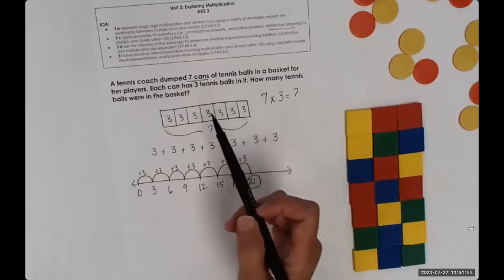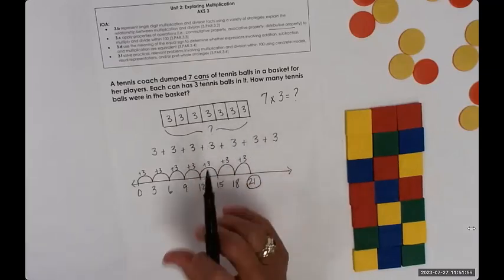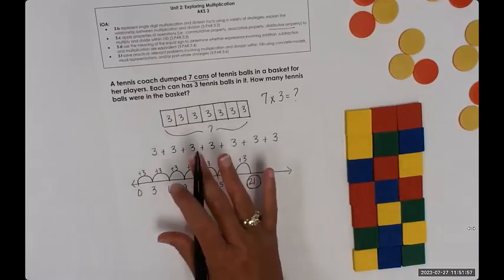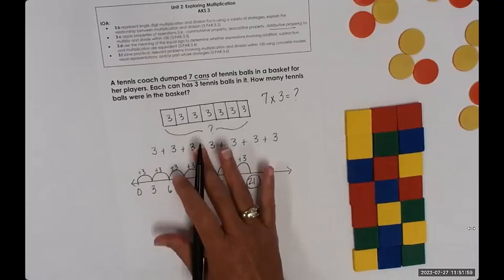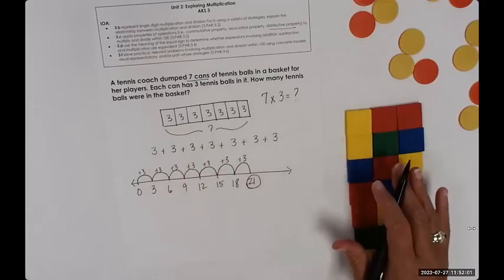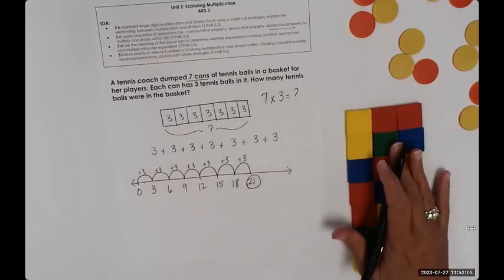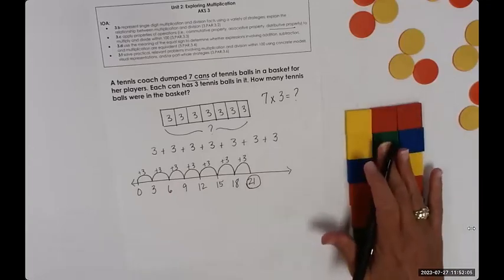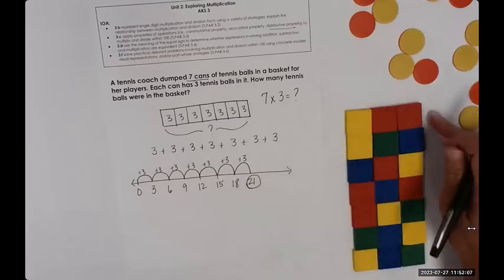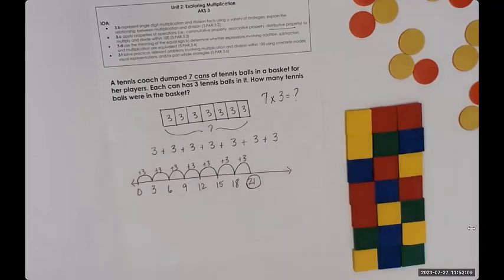And when we introduce this property as a strategy, we will always do it concretely. So let's go back to our original array that we built here, when students counted all, repeatedly added, maybe grouped the 3s to find the total of 21, that we're going to think through the lens of the distributive property.